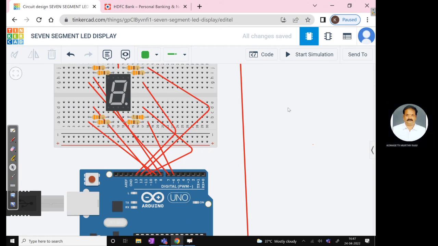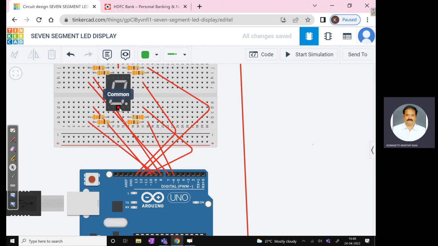These are the 8 pins. These 8 pins of the 7 segment display are connected to 8 digital pins of the Arduino board. These 8 digital pins are numbered from 13 to 6: 13, 12, 11, 10, 9, 8, 7, and 6.